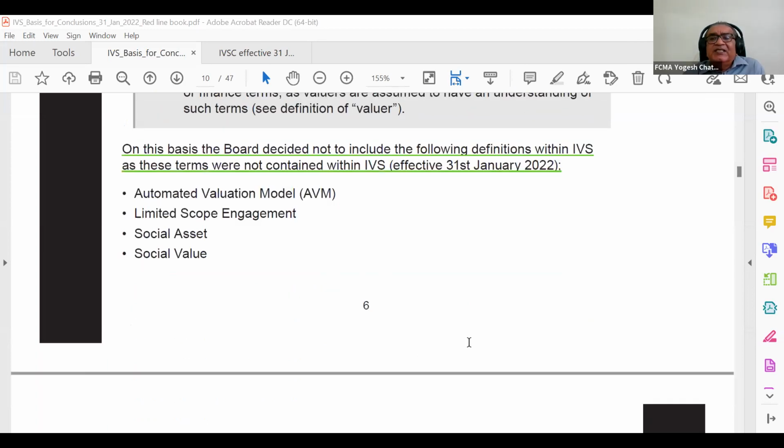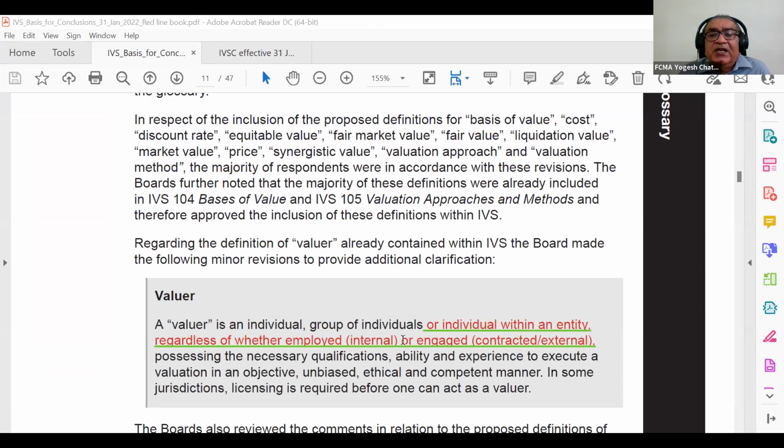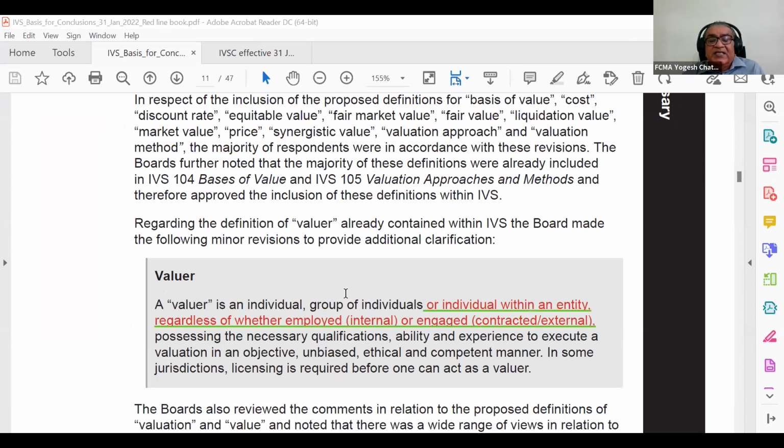Now valuer, as we have seen, the definition is amended as we discussed. So a valuer is an individual, group of individuals or individual within an entity, regardless of whether employed, internal, or engaged, that is contracted, or external. So now companies can employ registered or professional valuers also.